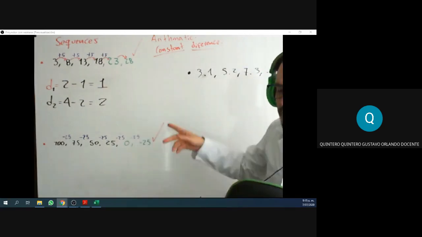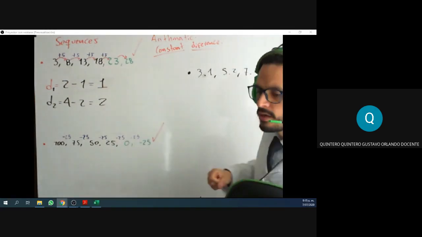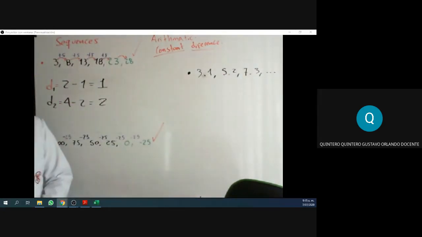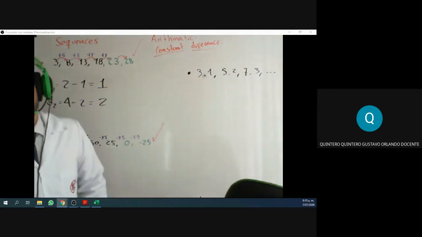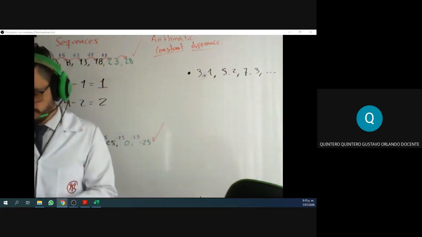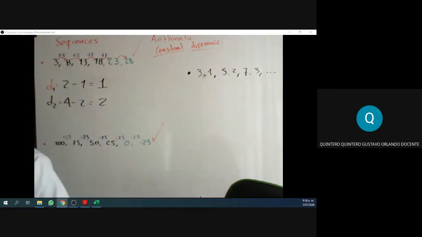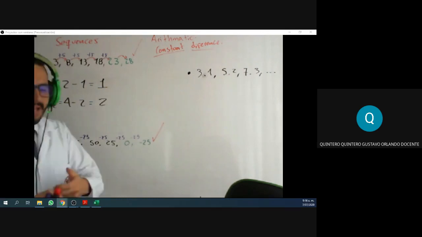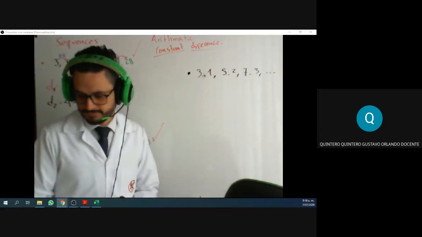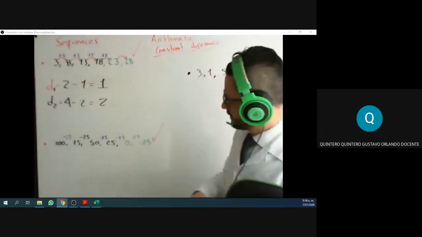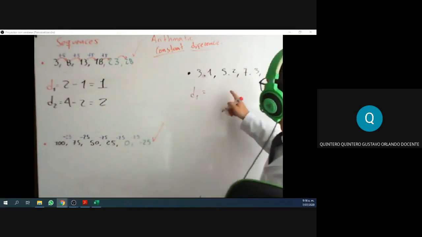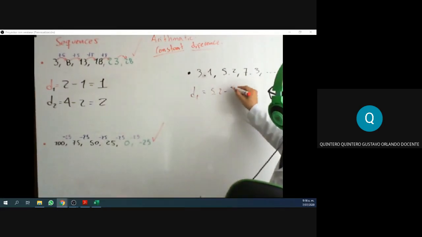Just as an example, is this an arithmetic sequence or not? Is it or not, guys? Again, take the time, take out the calculator, find the difference, and tell me, are they the same or not? For the people who are not seeing it, the first difference will be 5.2 minus 3.1.